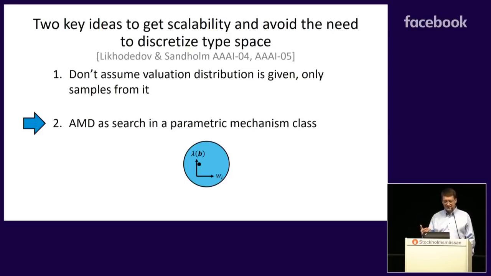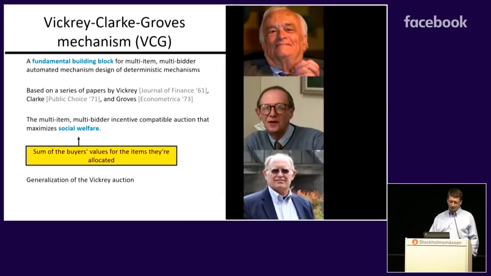Now the other side is on the optimization side. Instead of trying to optimize from scratch in this table-based representation, let's do automated mechanism design as a search in a parametric mechanism class. And I'm going to start from the first things we did, and then we'll talk about some more advanced things later, like how do we decide what kind of mechanism class we can afford to use given a finite set of samples.